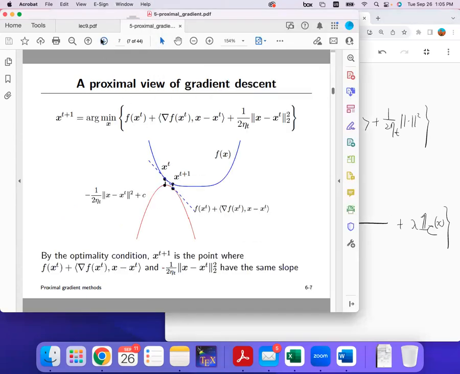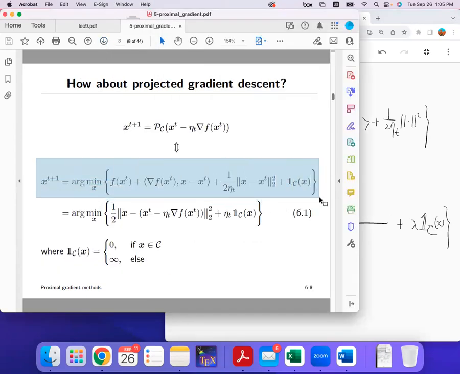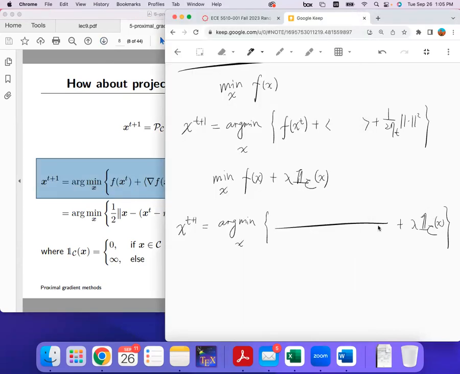So as we have seen in this line, it's all these three terms plus this regularization term.